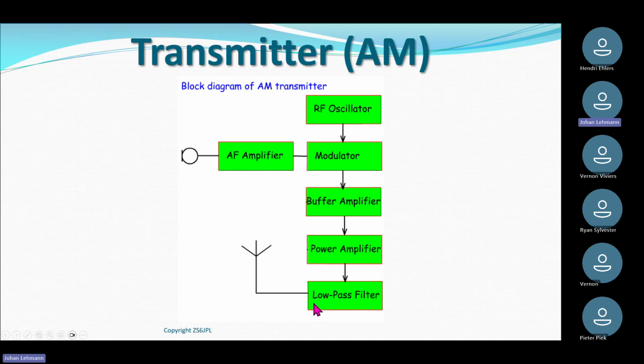All transmitters, doesn't matter if it is CW, AM, or FM, will always have a low pass filter. If you go back to our lecture on multipliers, we said for a multiplier to work properly, I actually need to distort the sine wave.